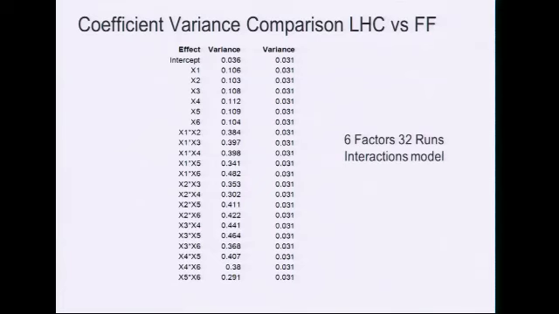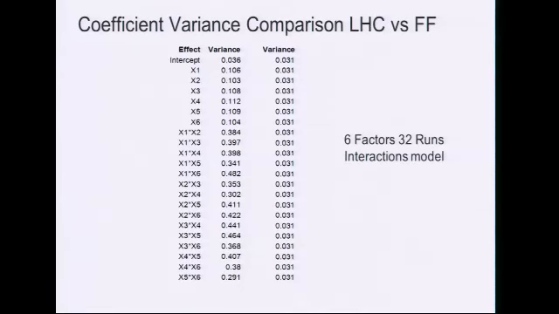On the right here, you see the variance of the betas if you were to do a 2-level factorial design, and they're all 1 over 32 for every beta.